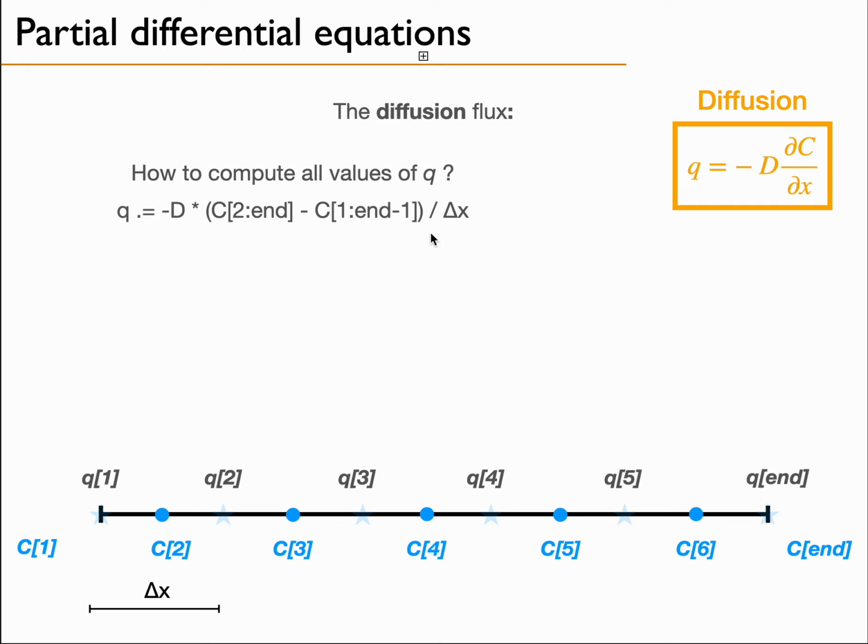This is that expression here. Again, you can write it in a concise way using the diff function. So Q can be evaluated simply as minus D times diff C divided by delta x.